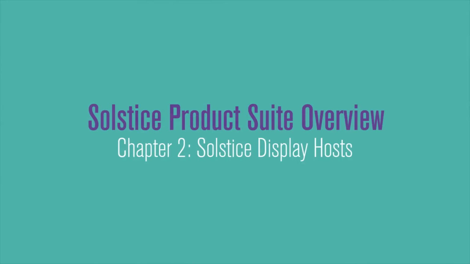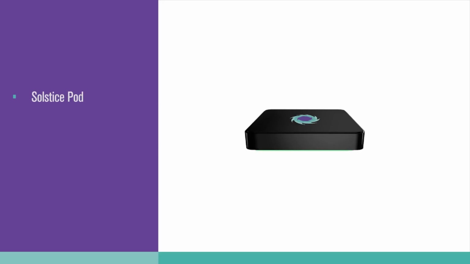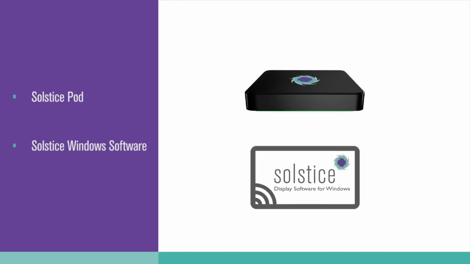Solstice display hosts, which connect to meeting room displays via video cable, are available on two platforms. The first platform is the Solstice Pod, a turnkey appliance that includes Solstice collaboration software integrated on a small form factor console, which comes with a 1-year hardware warranty. Alternatively, Solstice Windows software is available when a room PC exists that is already connected to the meeting room display.